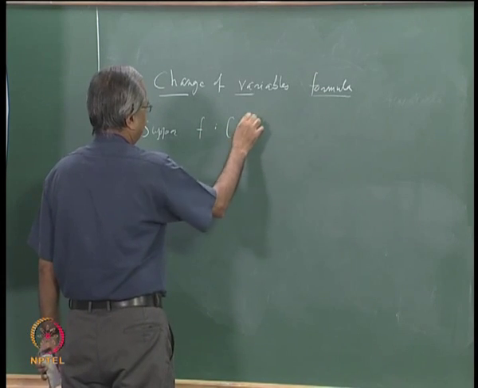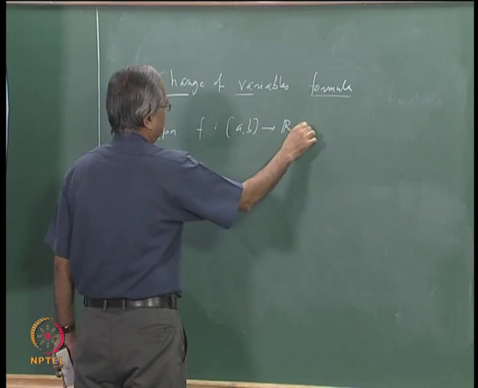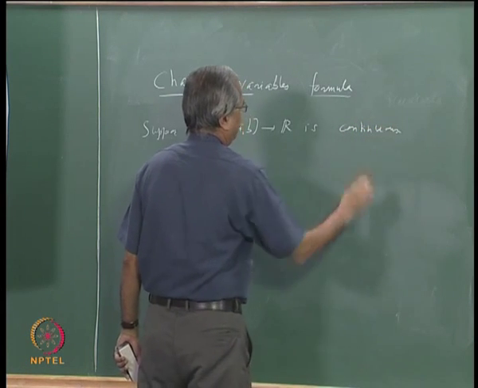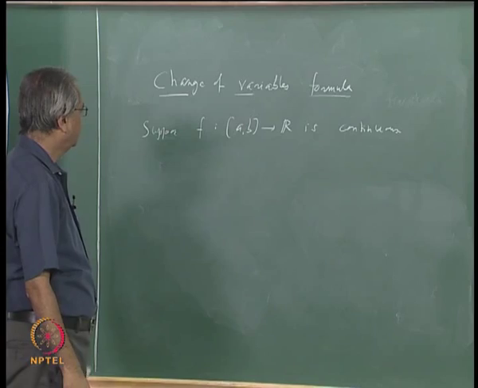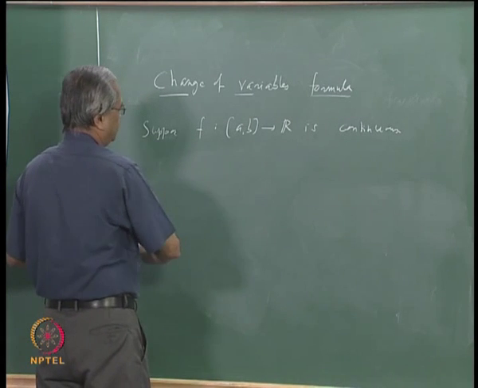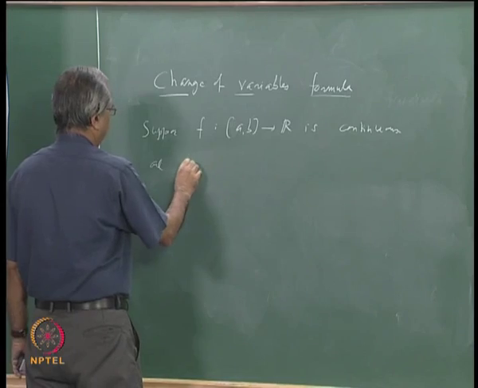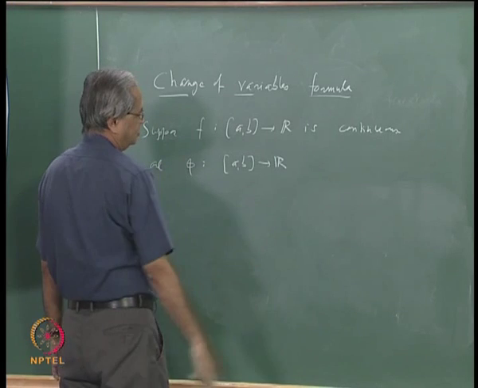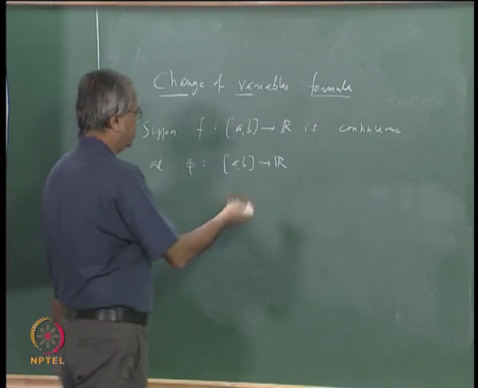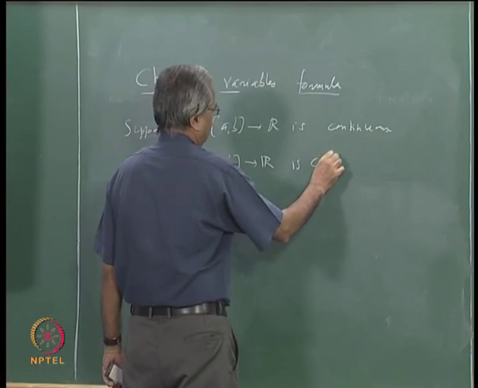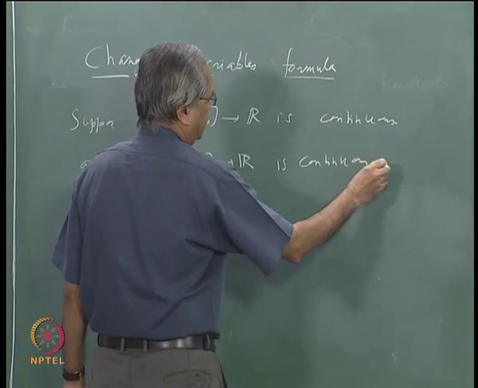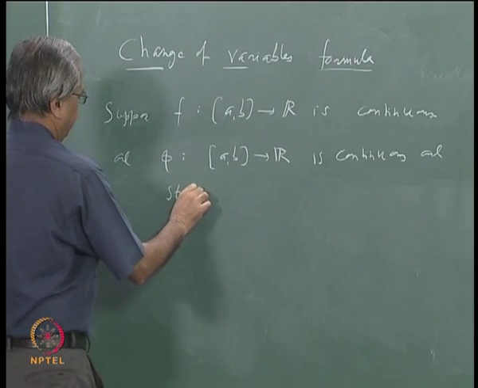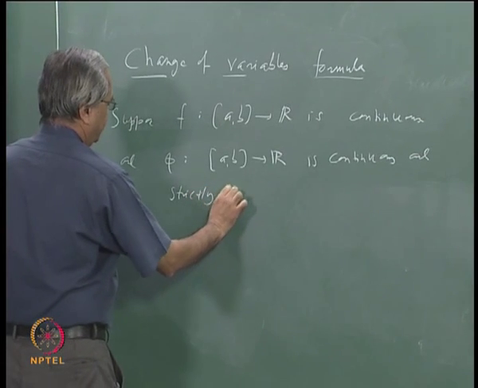Suppose f from [a, b] to R is continuous, and phi from [a, b] to R, this also let us take continuous and strictly monotonically increasing.